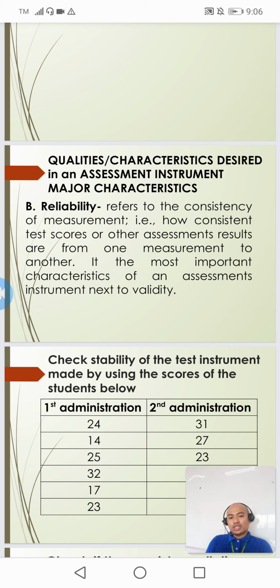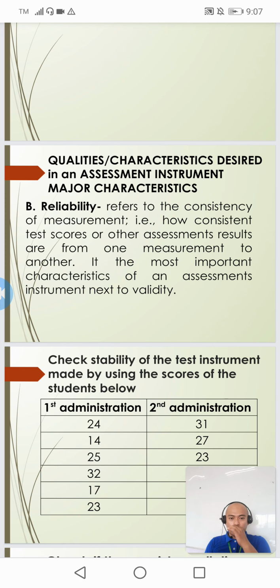Baka factor ito, kasi say for example you are taking an exam today. On the next day you will again take the exam. Kung ano yung physical or psychological state mo ngayon, it will be a factor that will cause unequal results.